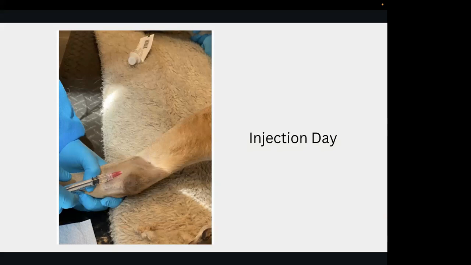Oh, the other thing is that when this stuff originally came out, they were like, oh, it's just like any subcutaneous injection. You don't need any pain control. You don't need any sedation. And I was like, okay, cool. No, that was a big mistake. This dog immediately started pulling away her leg, trying to get up. I mean, it was clear that what we were doing to her was very uncomfortable.